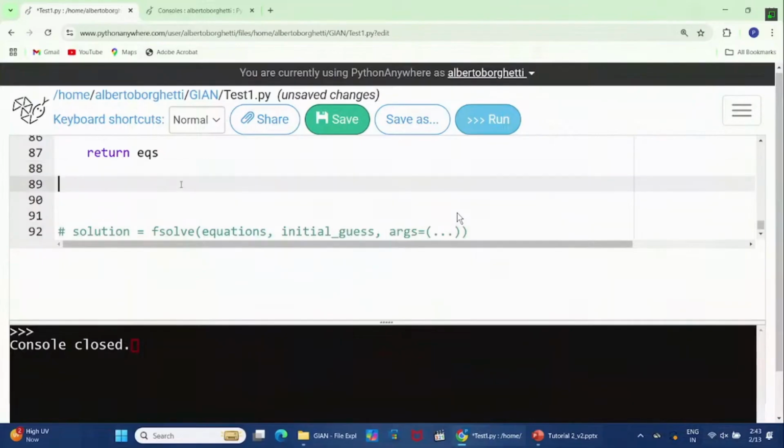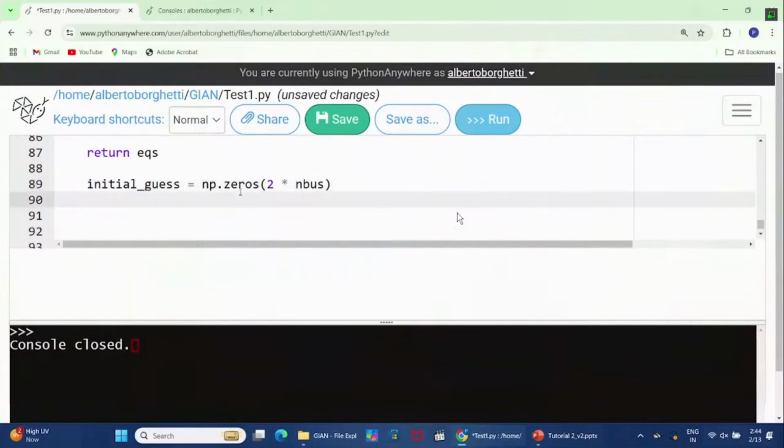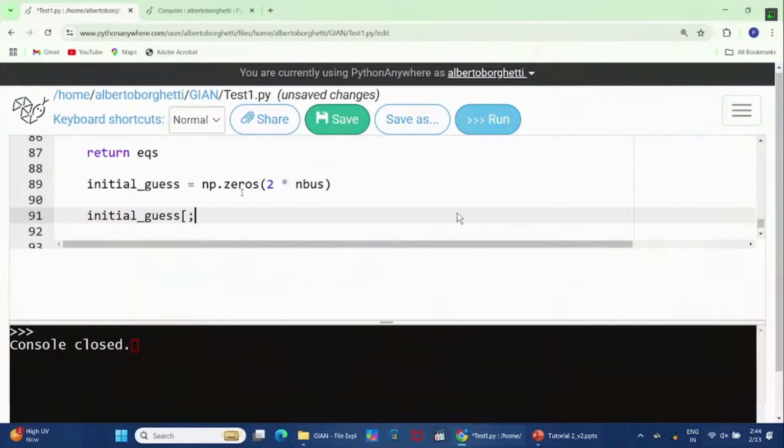So we need to define this, I call it initial guess, but it can be any name you wish. At the beginning I put zeros for everything. So we have two. It is the initial guess for our variables. Our values are 2 times n bus, and the initial guess for the first n bus elements is 0 because they are the angles.